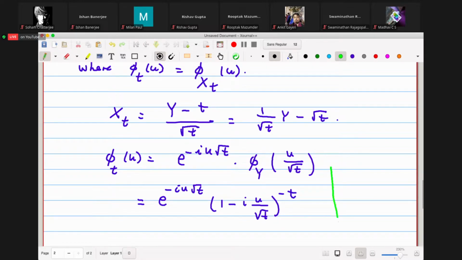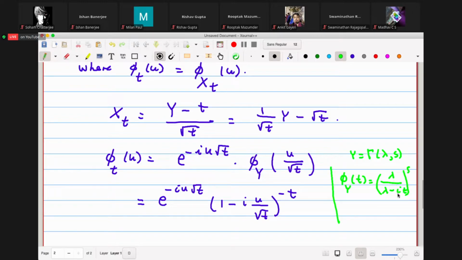I think for the gamma distribution, phi. So if y is equal to gamma lambda, s, so phi y of t is equal to something like lambda minus i times t, I suppose, lambda, this whole power s.